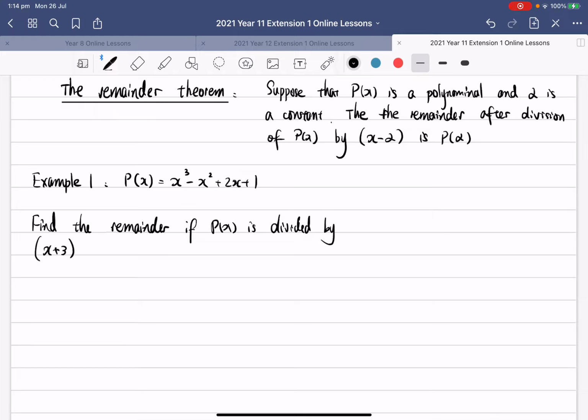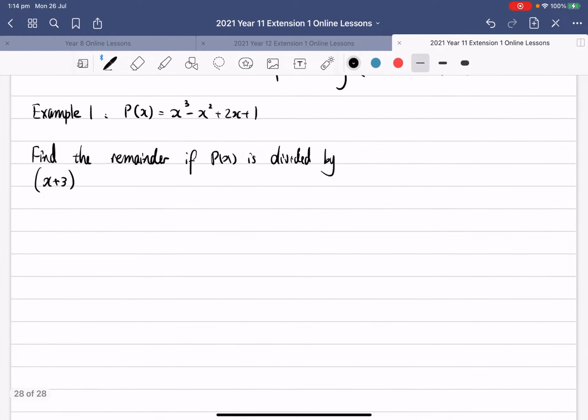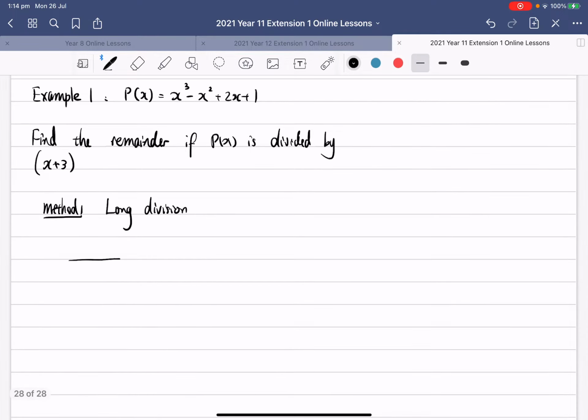I'm going to use two different ways to do this question. The first method is long division, like what we learned in the last lesson, and this can also help us find the remainder. So we're doing a little revision of long division.